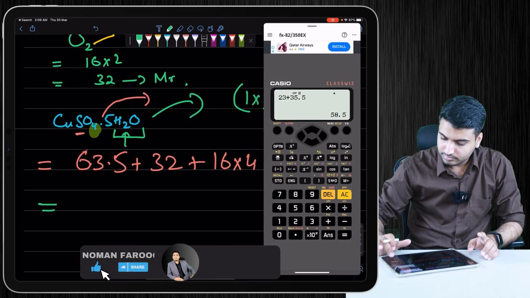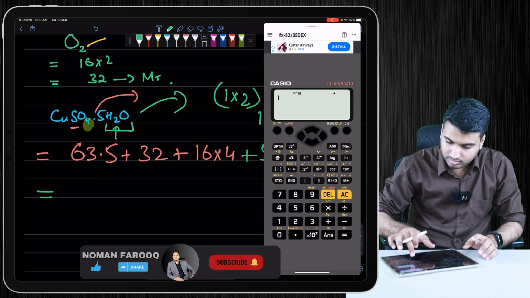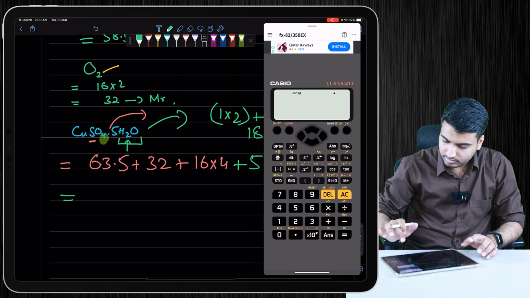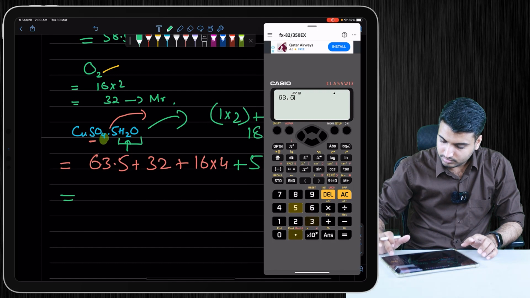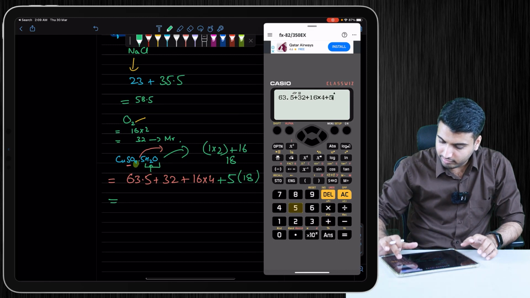So 63.5 plus 32 plus 16 multiplied by 4 plus 5 multiplied by 18.